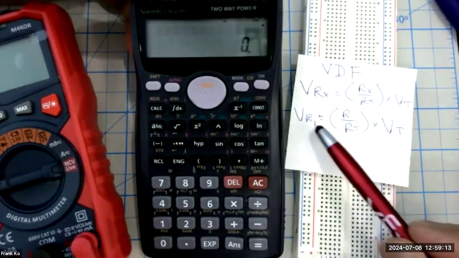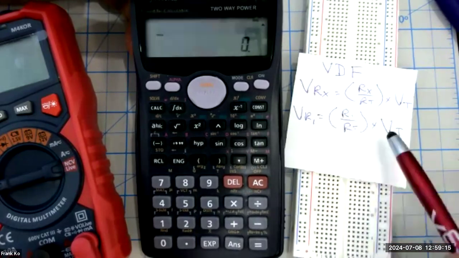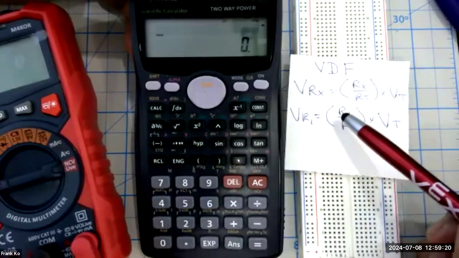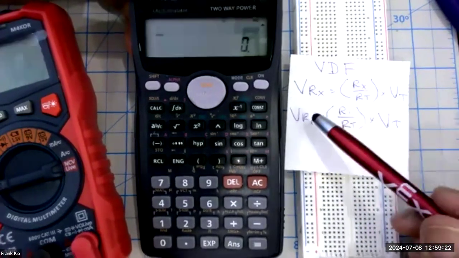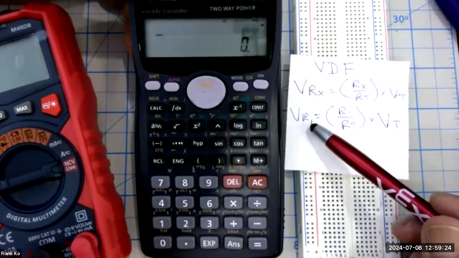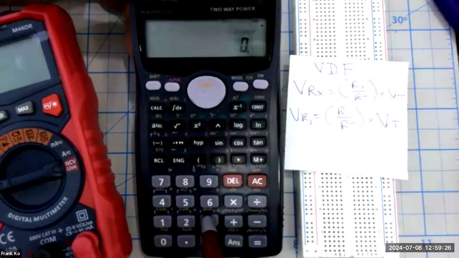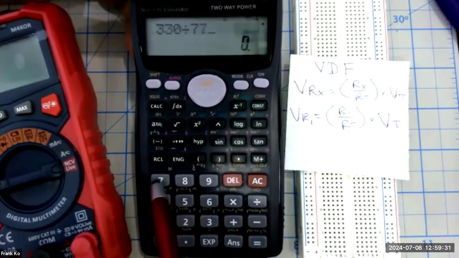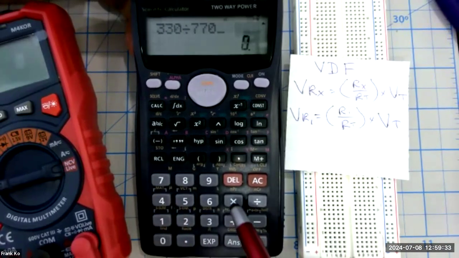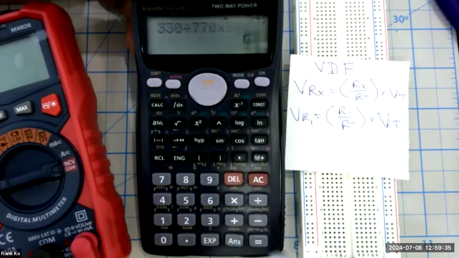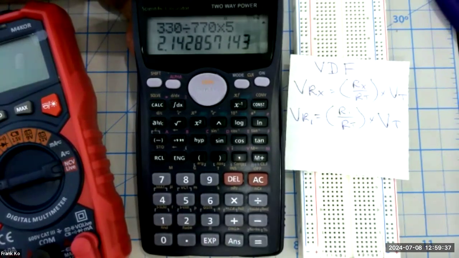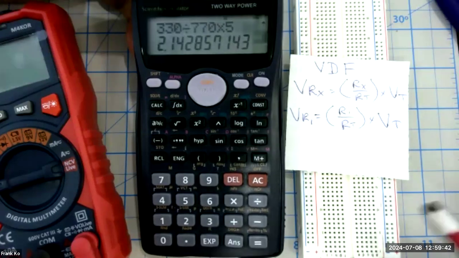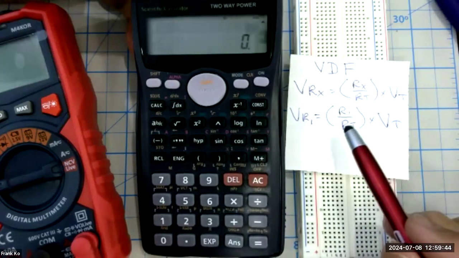Let's go ahead and apply the same formula for VR2. The only thing that changes in the formula is wherever we saw 1, we would replace that with an R2. So if we wanted the voltage across R2, we take the ohms of R2, which is 330, and divide by the total ohms, which is 770, and then multiply by 5, and we get 2.14 volts. The last calculation is VR3.